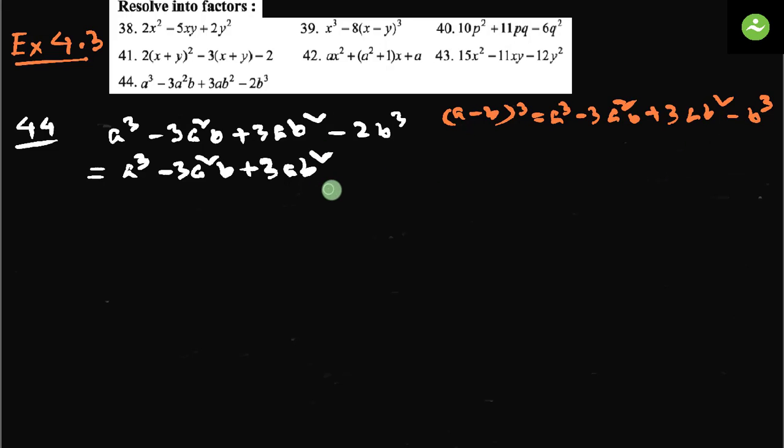Can we add a minus b cube here? And then we have to just add another minus b cube. Okay, now we can write, instead of this expression, (a minus b) whole cube. So (a minus b) whole cube minus b cube.